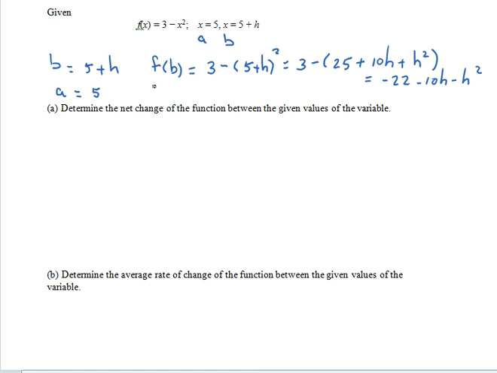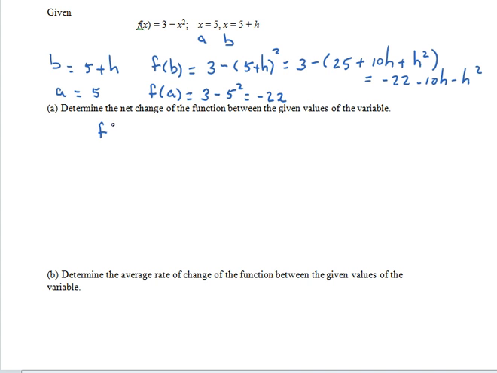And our f of a is simply equal to 3 minus 5 squared, which is negative 22.